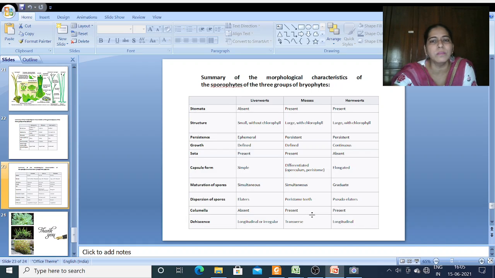Columella is present in both mosses and hornworts, and dehiscence of the capsule is by longitudinal or irregular slits in liverworts, transverse slits in mosses, and longitudinal slits in hornworts.